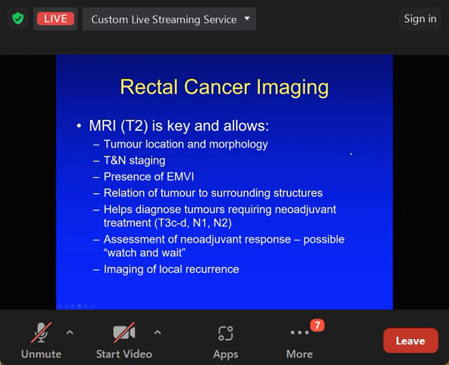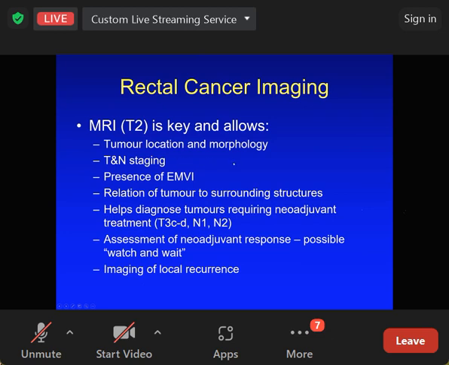MR is the best imaging modality for staging, and we use the T2 images as the key modality. Remember we mentioned T1 and T2. The MR of the rectum with T2 weighting will give you the location of the tumor and the morphology, and reasonably good T and N staging.